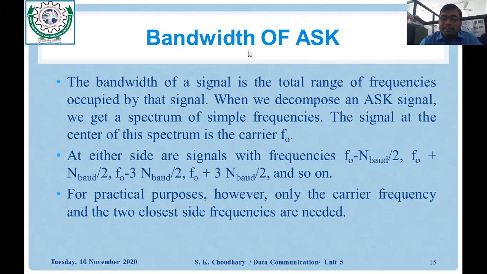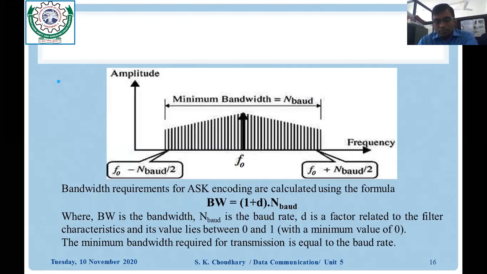But for practical purposes, only one carrier frequency and two closest side frequencies are required. In this diagram, you can note it down or take a screenshot. Here we have an amplitude versus frequency curve, and the bandwidth of ASK is defined by the formula BW equals 1 plus D times N baud.